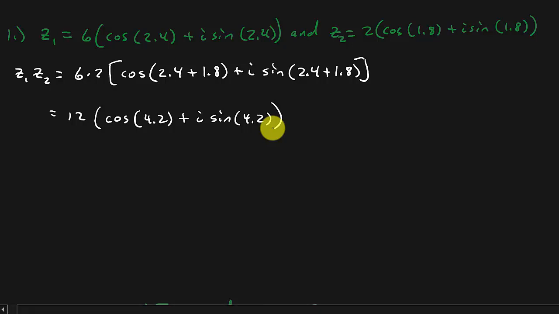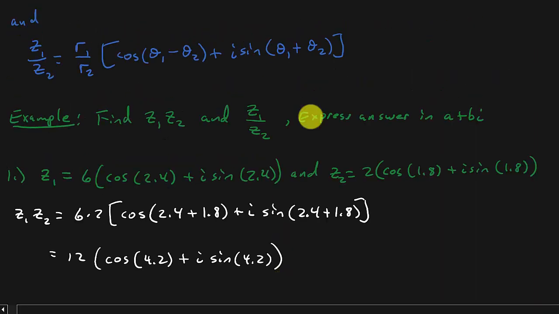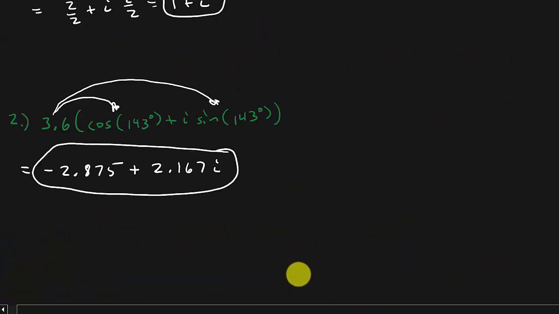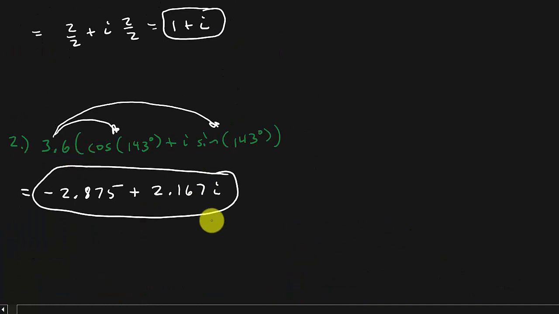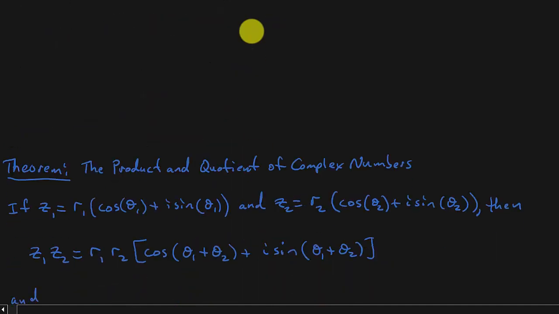You see how easy that is? But now they just want us to put it in the form a plus bi. Well, how easy is that? Look, we just did that up here, going from trigonometric form to this form. That's all we're doing now.